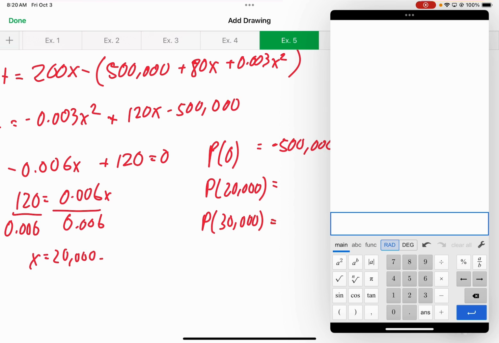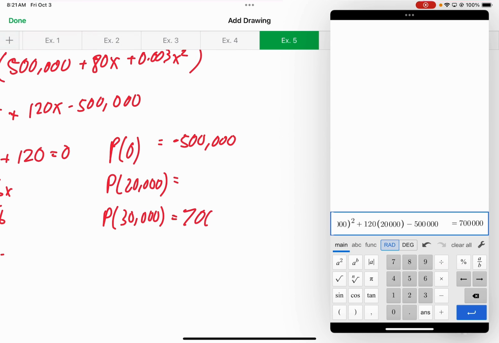Negative 0.003 times 20,000 quantity squared, plus 120 times 20,000, and then minus 500,000. That's 700,000?